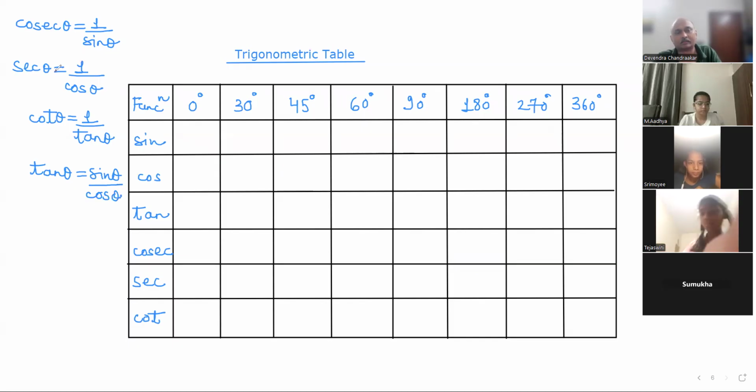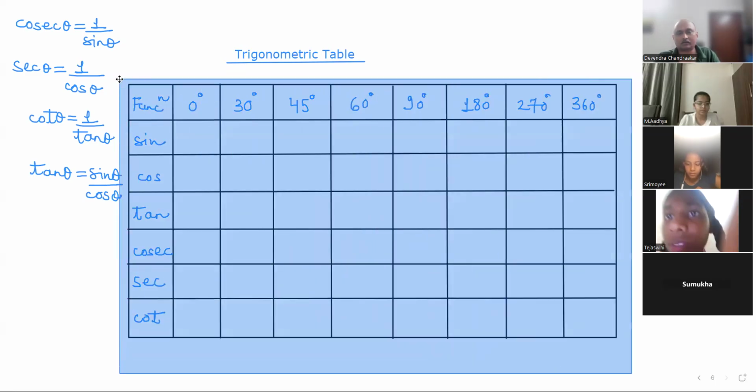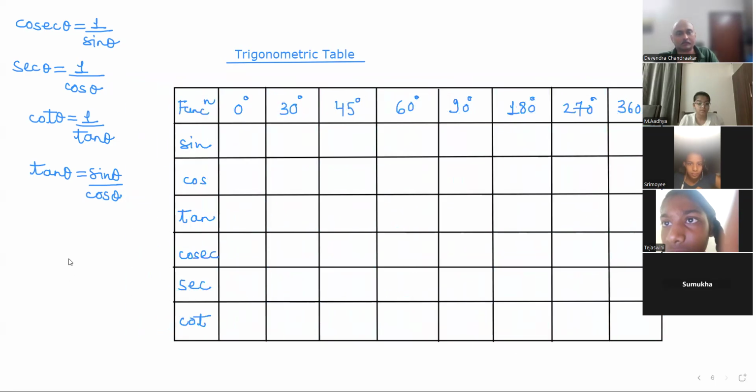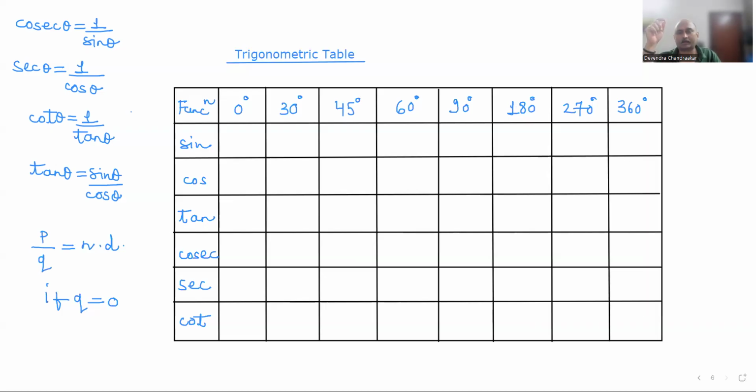So we will be using our previous knowledge of trigonometry to fill this table. Also, one more thing to recall: the fraction p by q is not defined if q is equal to 0.